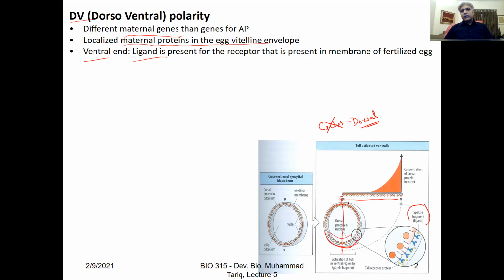So the red color is still in the cytoplasm. But here, the red color, which is representing the dorsal, has moved inside the nucleus. And this is showing you the concentration gradient of the dorsal. So only in the ventral most region, you have this movement.